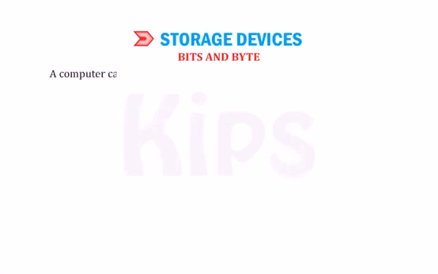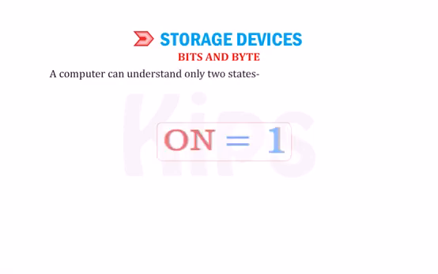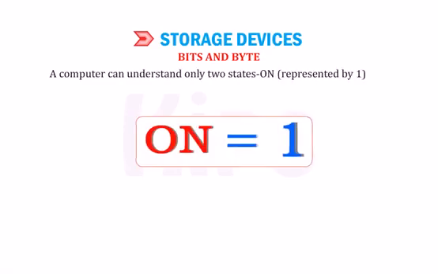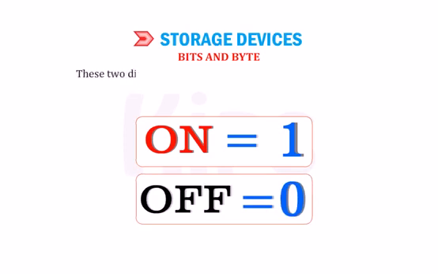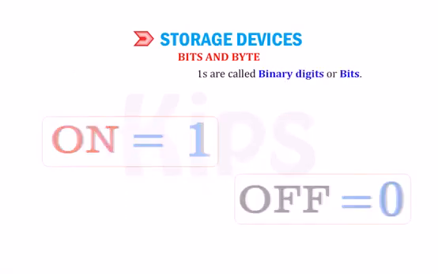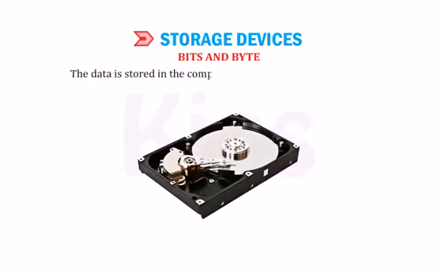A computer can understand only two states, on, represented by 1, and off, represented by 0. These two digits, zeros and ones, are called binary digits or bits. The data is stored in the computer memory in the form of bits and is measured in bytes.